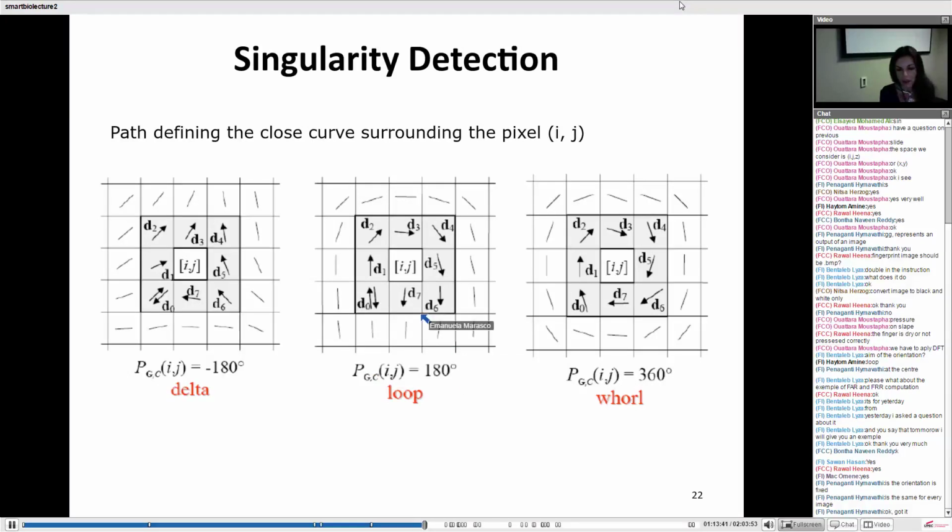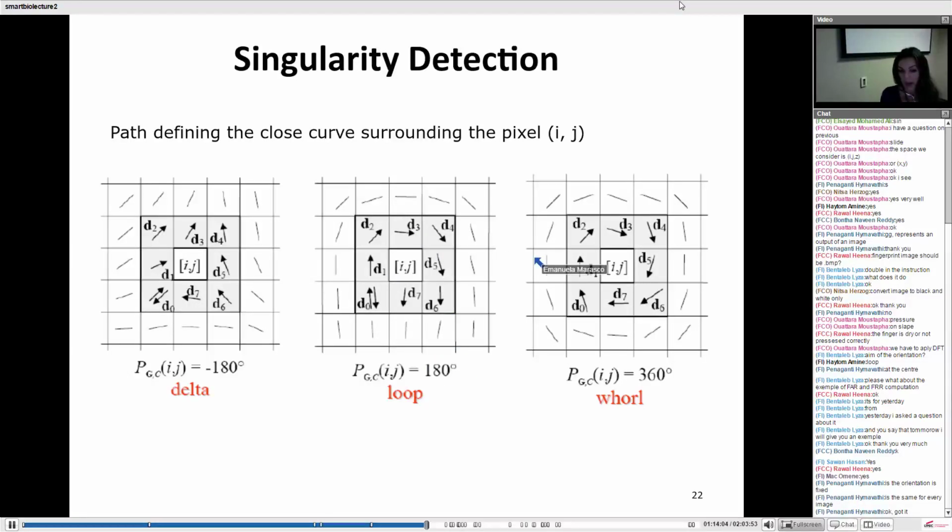We have a second example, the loop. So this is what we expect from the computation of the point array index. And this result tells us that in the pixel ij, we have a loop type.